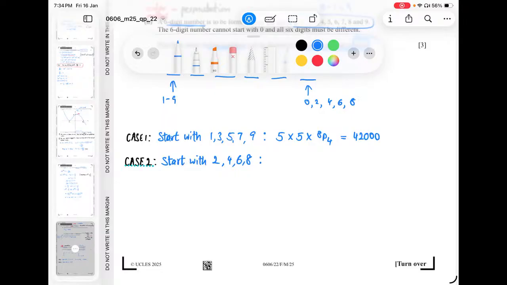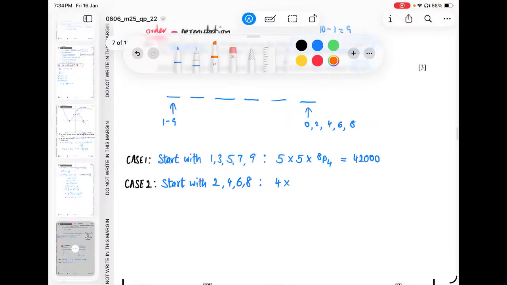At this point, you know that there are 4 possibilities for the first place. Since you have chosen one of the even digits already over there, you have only four other even digits you can choose for the last place. So that should give you four more possibilities over here.